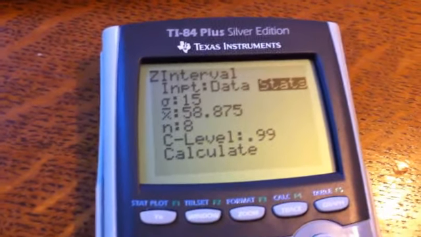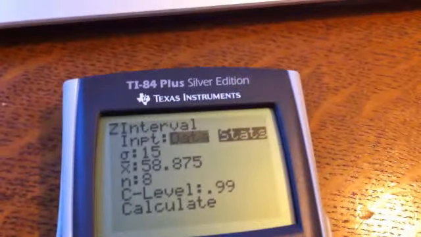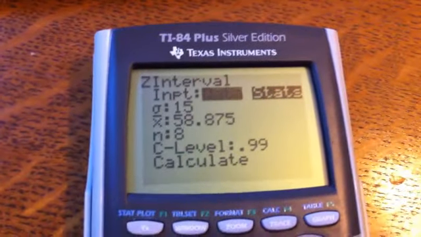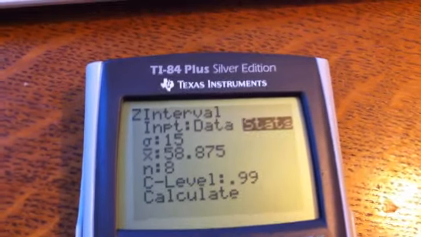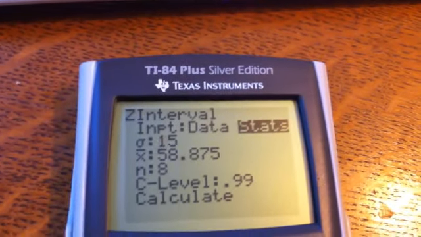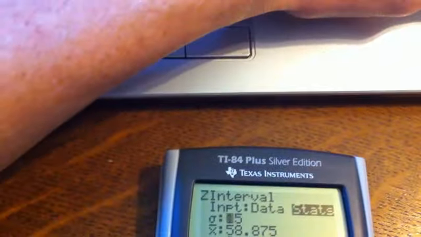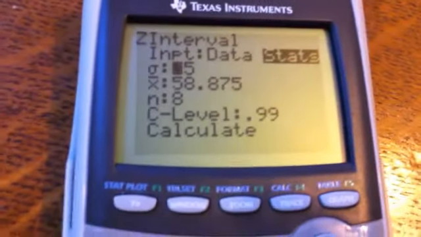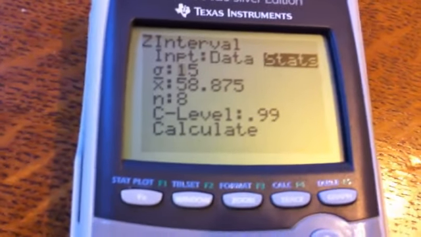Push enter. Okay, so here would be where you could go over to data if you were actually entering the raw data. Here in our example, we were given the statistics, so we're going to enter on stats. And page down, so what do we have? So for this example, and it actually has my data from the last thing I did, but our sigma is 15, so that is correct.